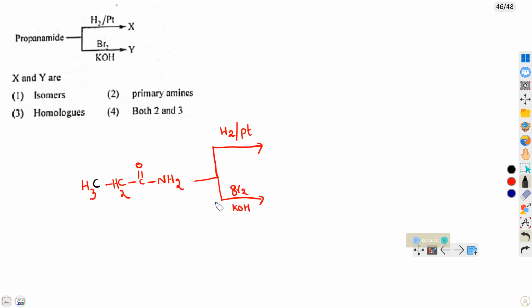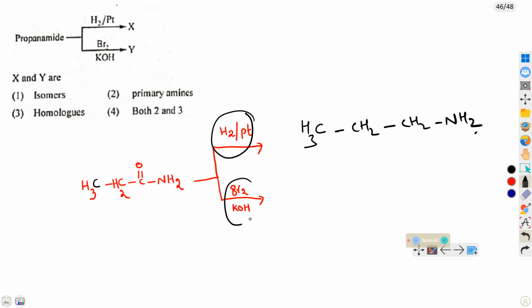Identify X and Y. Propanamide undergoes reduction, then it gives propanamine, CH3CH2CH2NH2. Now amide, bromine, KOH, Hofmann bromamide degradation reaction. Product is amine, but the amine contains one carbon atom less compared with given amide. This is 1 degree amine.